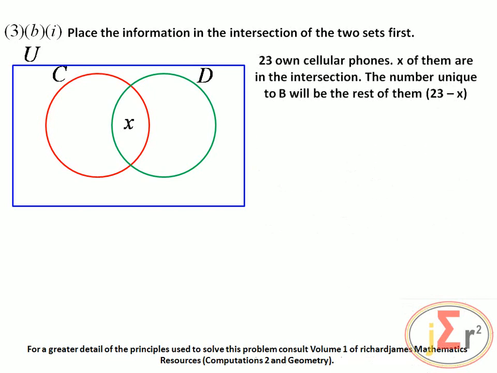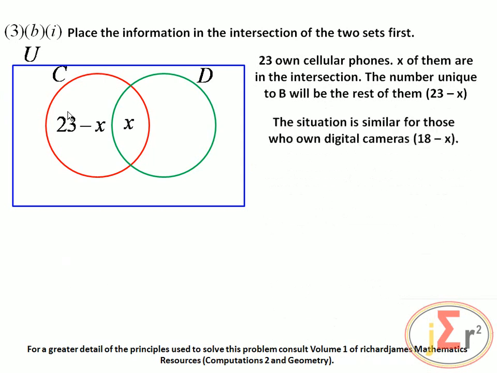23 owned cellular phones. And of course, we have x here already. So those unique to C will be 23 minus x. And on the other side, the situation is the same. 18 own digital cameras. And of course, we have x already. So right there, those unique to D will be 18 minus x.